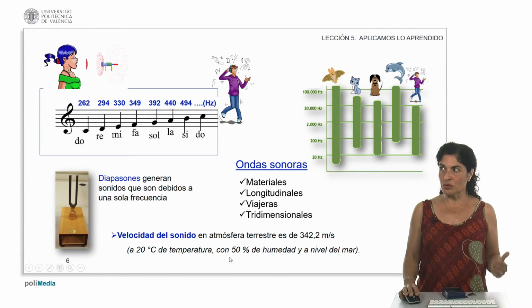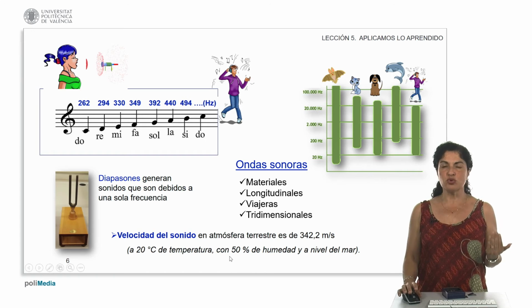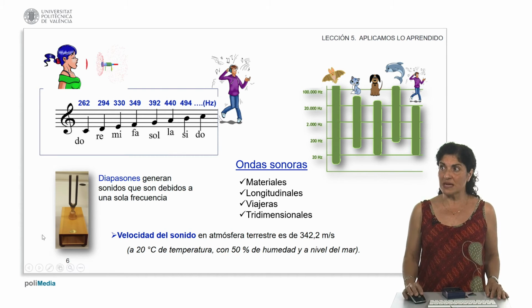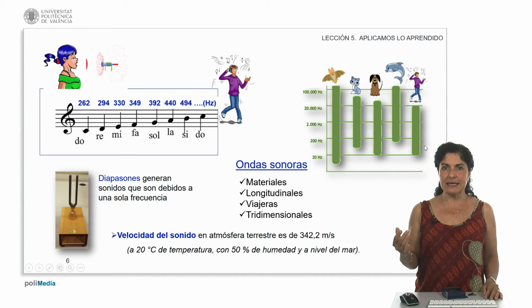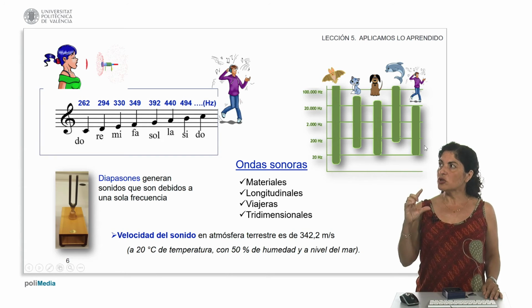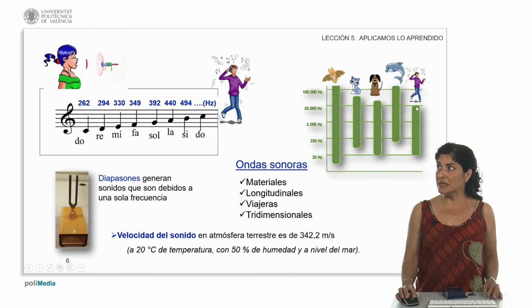In general, when we perceive a sound, we do not perceive a pure sound of a single frequency. In general, it is a superposition of frequencies, but there are instruments such as the tuning fork that are capable of emitting a single frequency, about 440 Hz in the case of the tuning fork corresponding to the note A. We humans are able to detect through our ears sounds ranging from about 20 Hz up to 20,000 Hz, but there are animals such as bats and dolphins that are able to hear ultrasounds beyond the 20,000 Hz we hear.